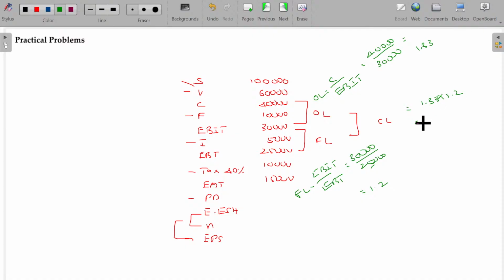What is the value? 1.596. Of course, you can use a combined formula also. Contribution by EBIT into EBIT by EBT. You can cancel out these two, the ultimate value being contribution by EBT.